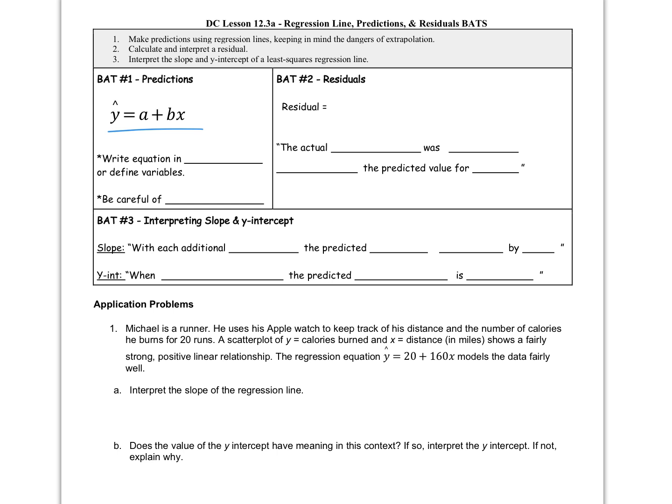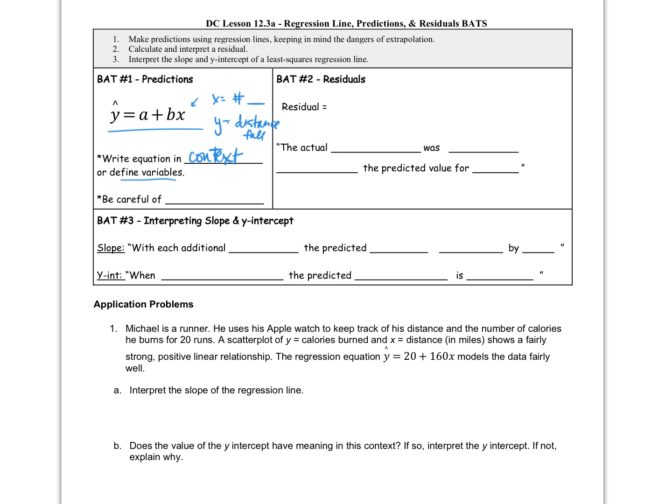Y hat is equal to, and there's your equation. That will be provided either in Excel or your calculator. So we would write the equation in the context of the variables, or define the variables. So if you write it like this, just say x equals number of whatever and y equals, like in this case, the distance of the fall, right? Define the variables.